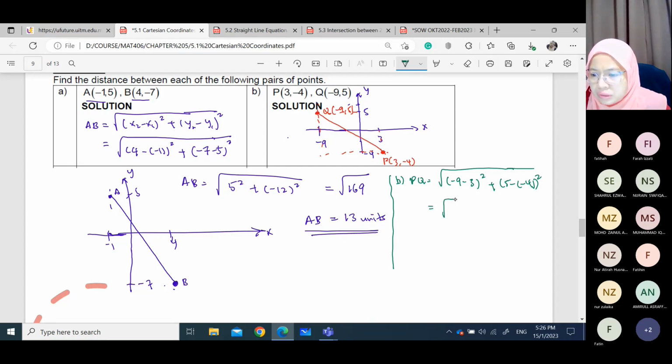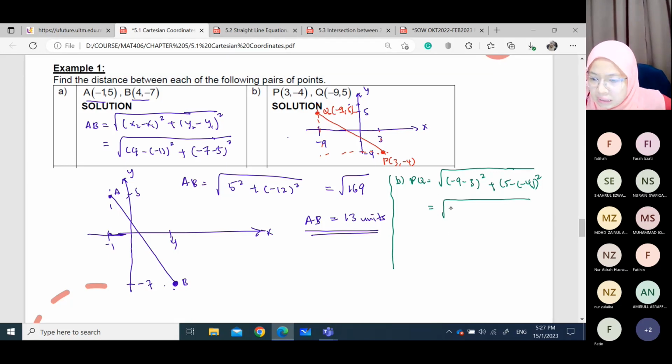Okay, so kita dapat -9 minus 3 is -12. -12 squared, and then plus 5 minus -4. Maknanya 5 plus 4 is 9. 9 squared.